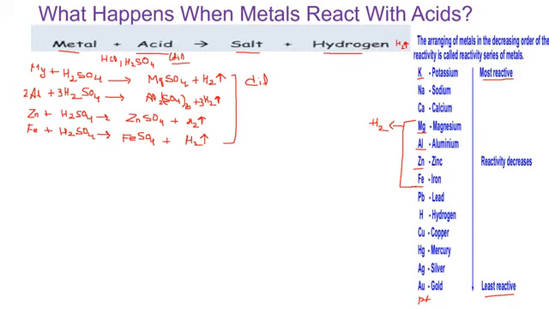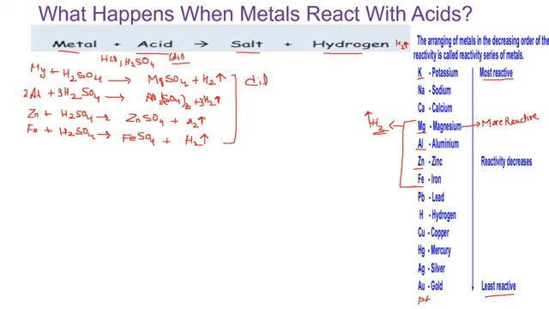I have put a GIF in the next slide where you can see how magnesium reacts with H2SO4 and liberates hydrogen gas. The liberation of hydrogen gas will be fast and more in the case of magnesium. Why? Because according to the reactivity series, magnesium is more reactive than the aluminium, zinc and iron mentioned here, right children?